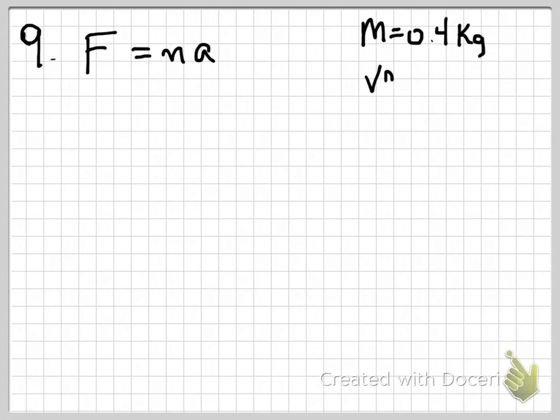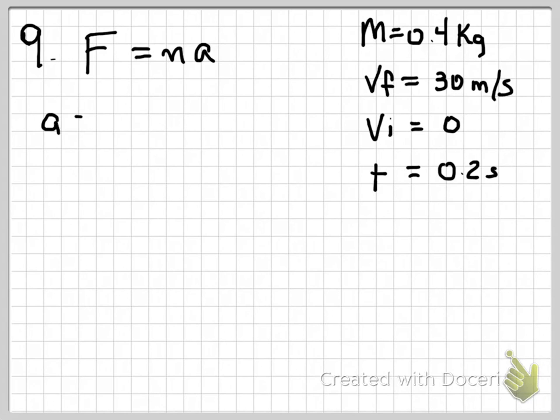For number 9, this time it asks you how much force is needed to accelerate a 0.4 kilogram ball from rest to 30 meters per second in 0.2 seconds. In this one, we can use the force formula, but we aren't given acceleration this time. We have to find that first. So they do give us our final velocity, initial velocity, and time.